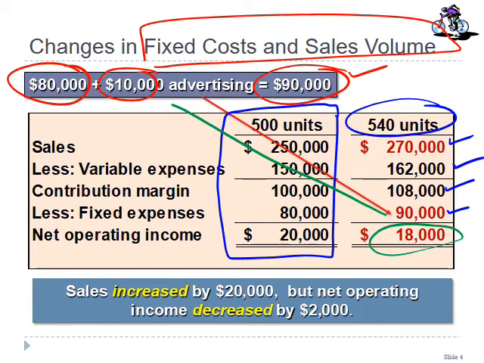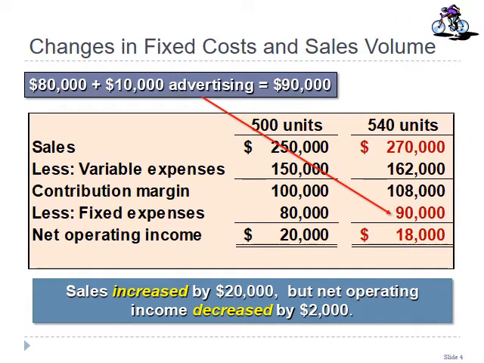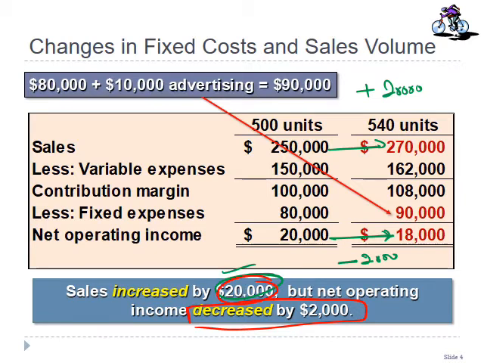Wow, right? So this is the beauty of having the CVP analysis, that even though sales increased by 20,000, we see a reduction of 2,000 in profit. Well, that's very amazing, since sales increased by 20,000 but the net operating income decreased by 2,000.